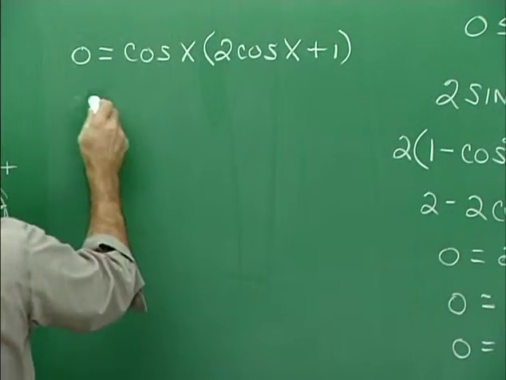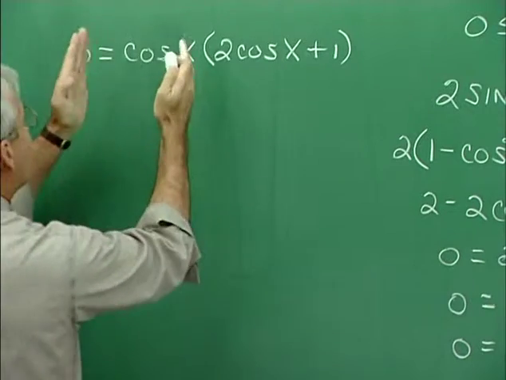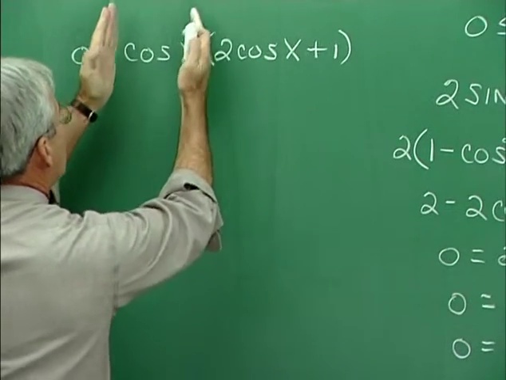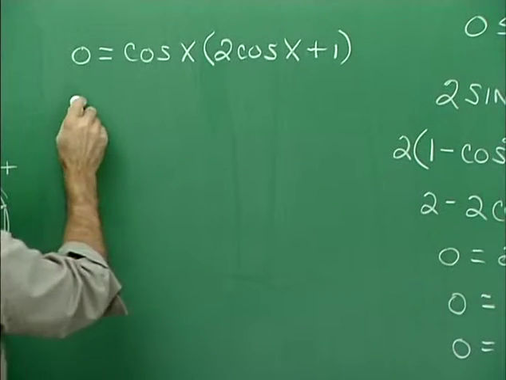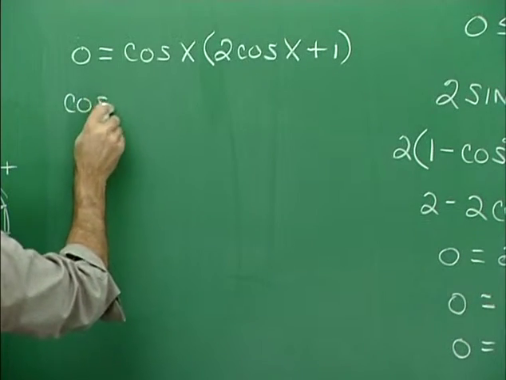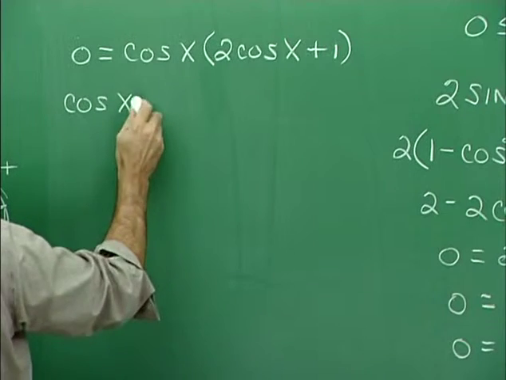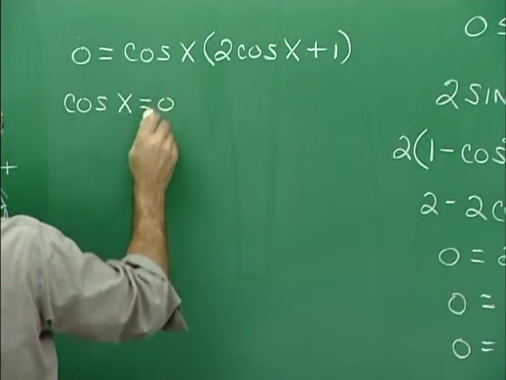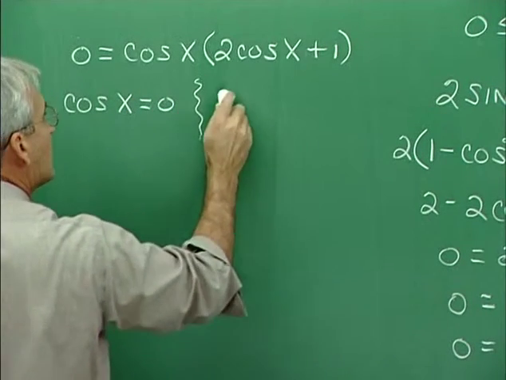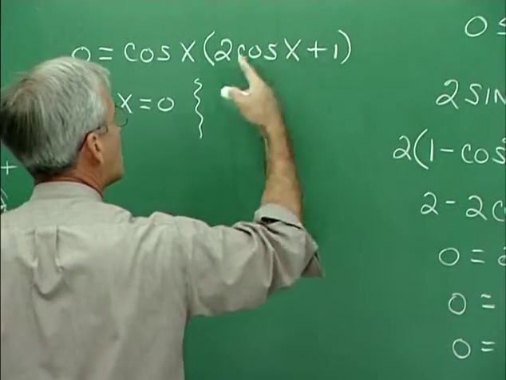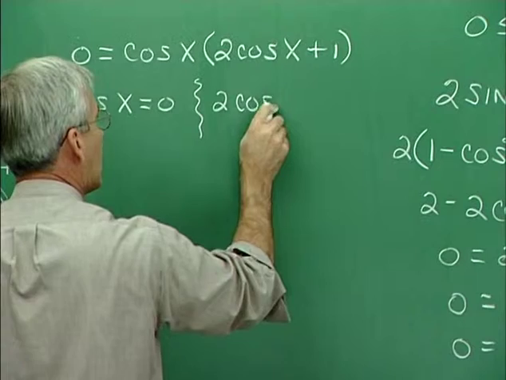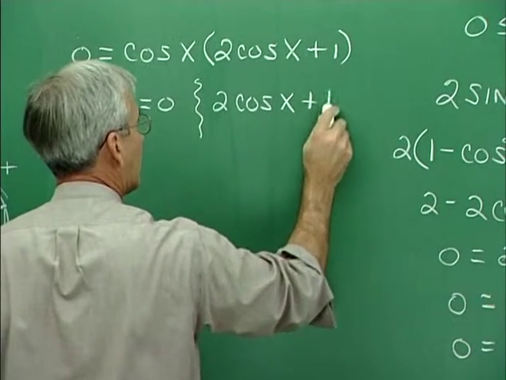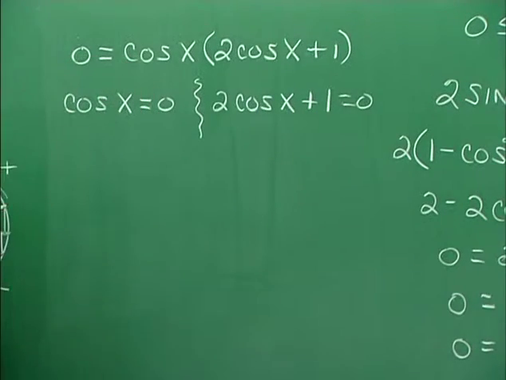Now, we're thinking in terms of, okay, the value of x that will cause this factor to become 0 will be a solution to the equation. And I can make the request like this. I can say, I'd like to know the value of x that causes cosine x to be equal to 0. And in a similar way, I want the value of x that will cause this factor to become 0. And we're going to end up analyzing each of these two separately. That's the idea, though.